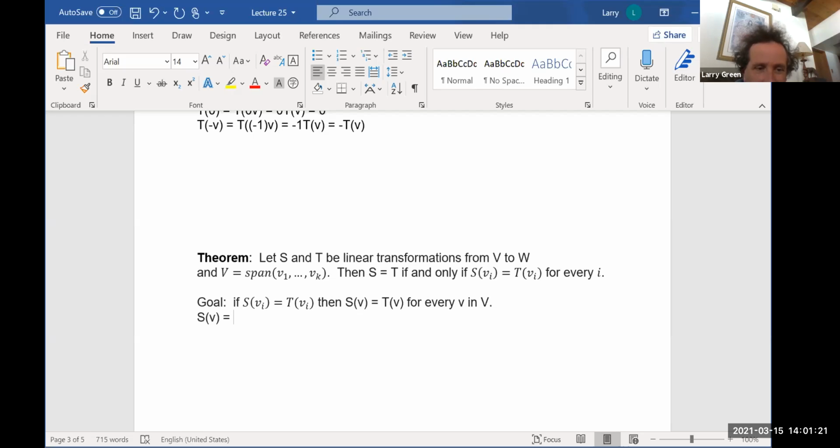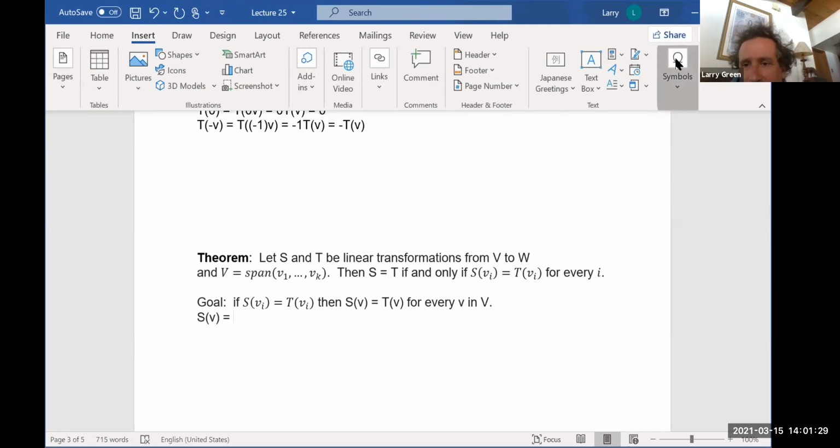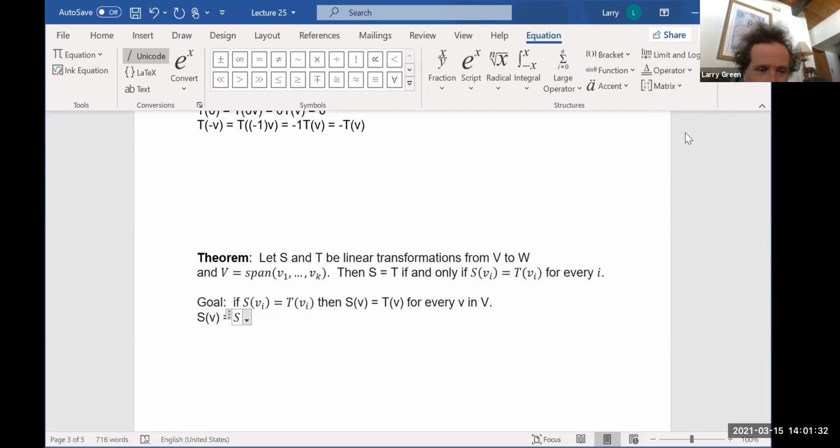So we know that we can rewrite V as c1 V1 plus dot dot dot plus ck Vk. Isn't that what it means for V1 through Vk to span V?